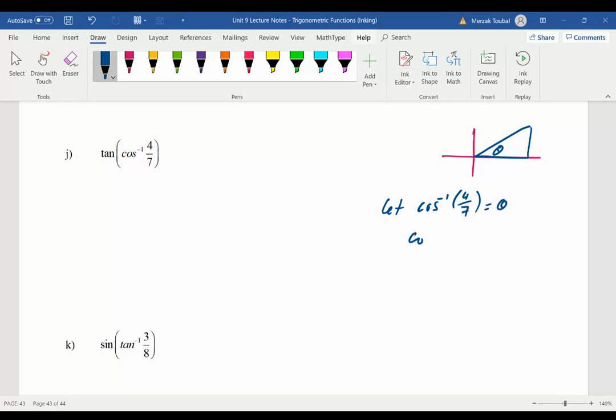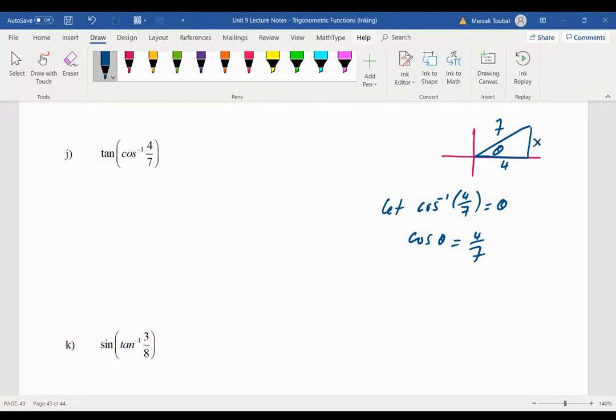That means cosine of theta is 4 over 7. Cosine is adjacent over hypotenuse, so that must be 4 and that must be 7. Then we use the Pythagorean theorem to find the opposite. Let's call the opposite x.